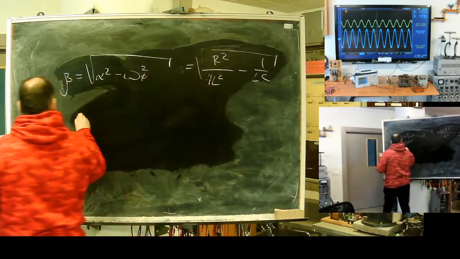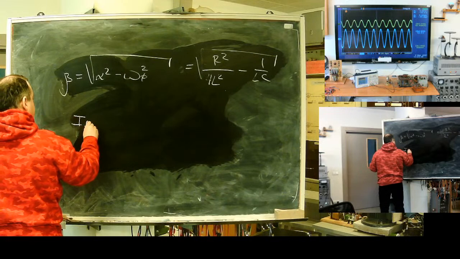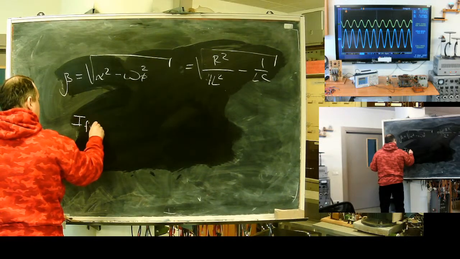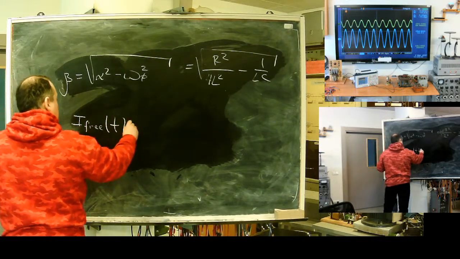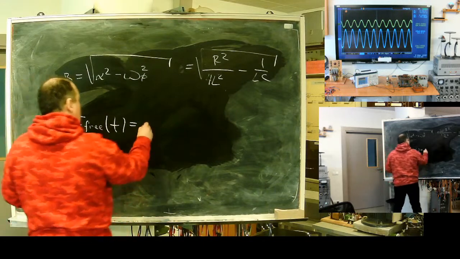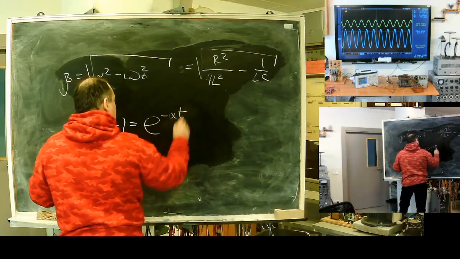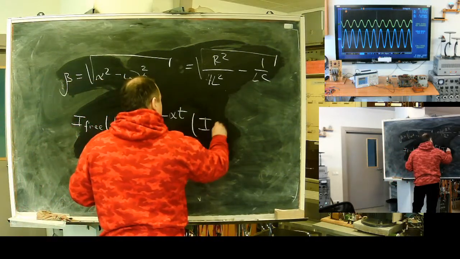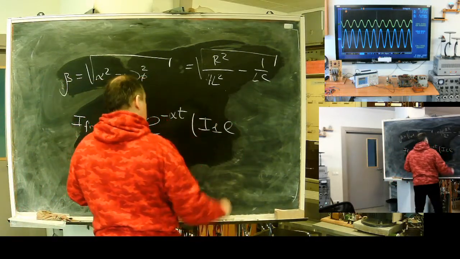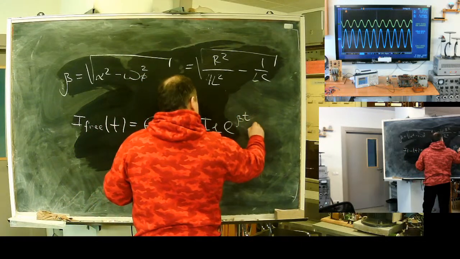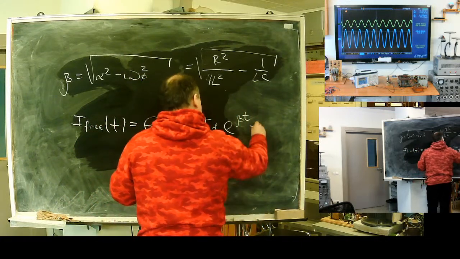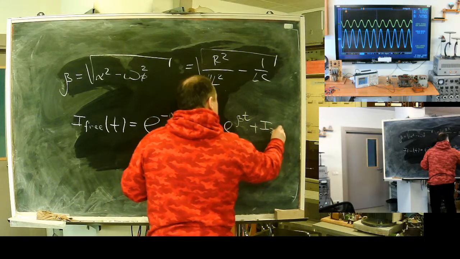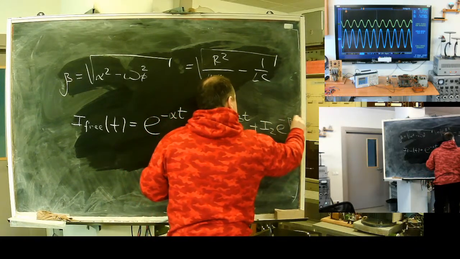So, free current as a function of time will be e power minus alpha t, I1 e power beta t plus I2 e power minus beta time.